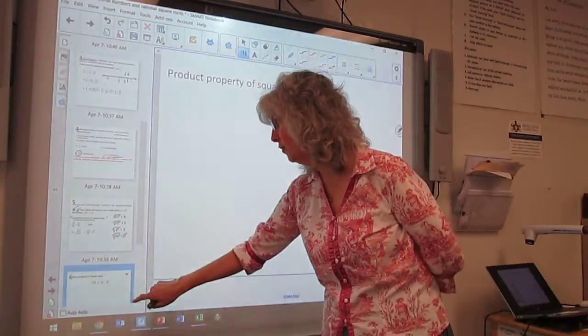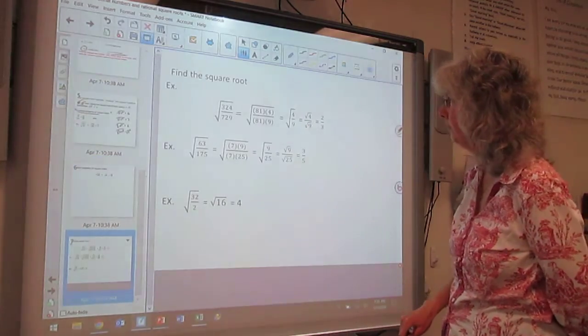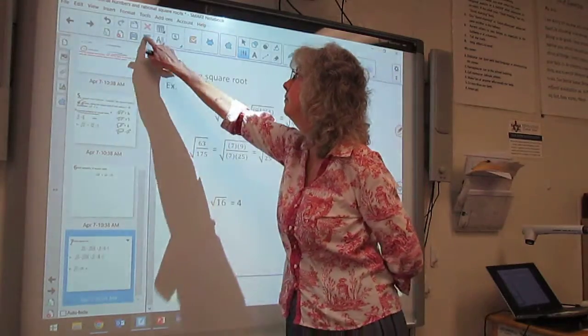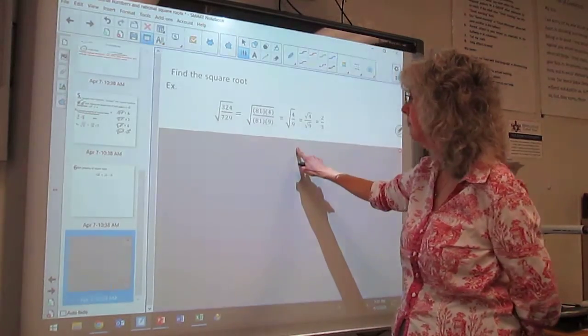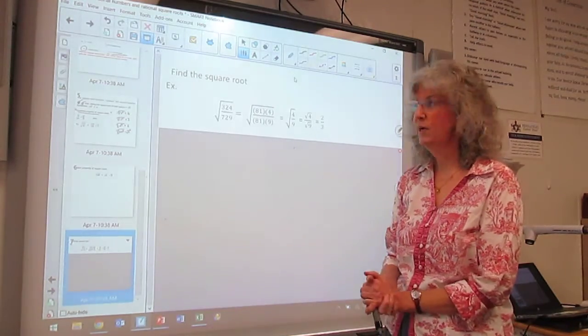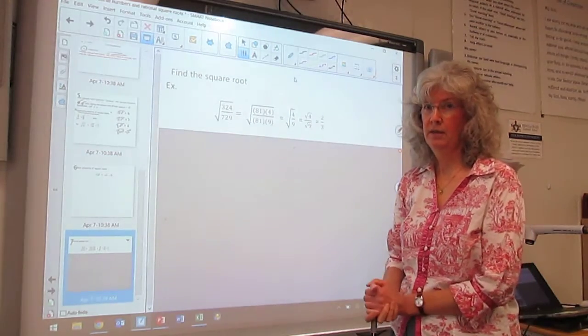Let's put these two properties to work. Let's look at the first one. The square root of 324 over 729. Calculator's not going to help you on that.